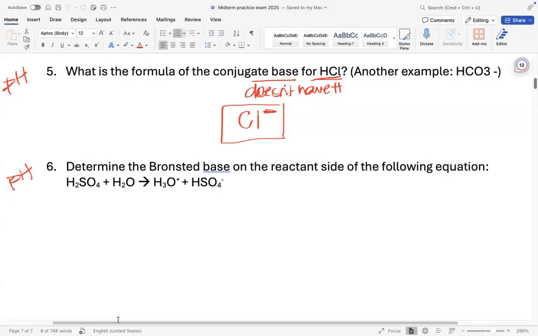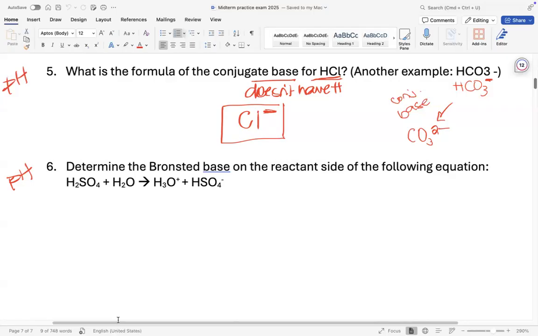You only have one of these questions, but I decided to put another example here for practice. So this should really look like HCO3 with the 3 being tiny and then the minus sign being up here. I just got lazy and didn't format it. All right, so say we were to ask for the conjugate base of this. We're going to lose a hydrogen, so it'd become CO3, and then that minus becomes 2 minus. So this is the conjugate base.